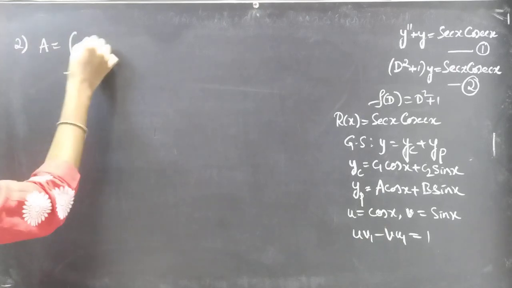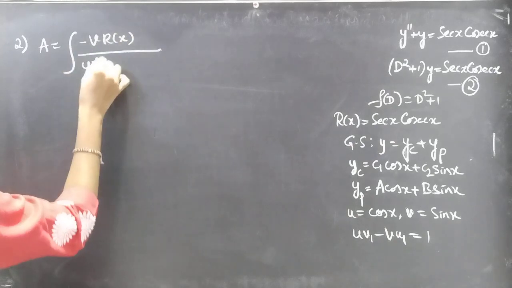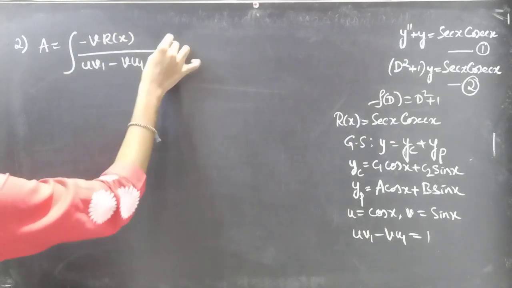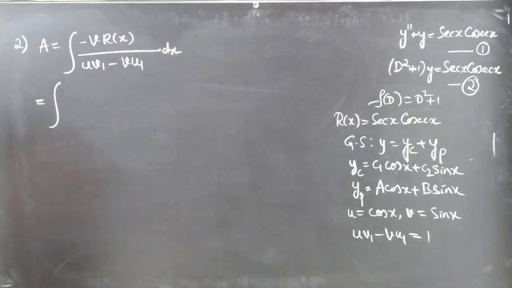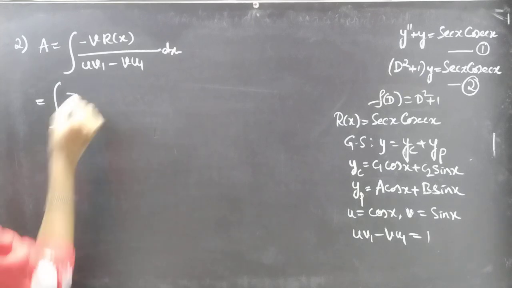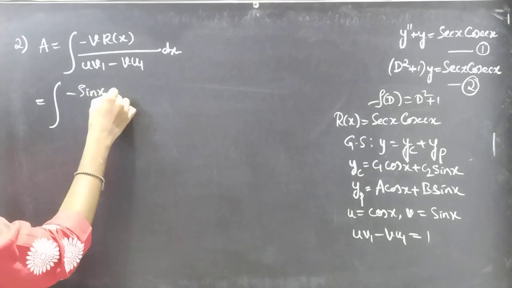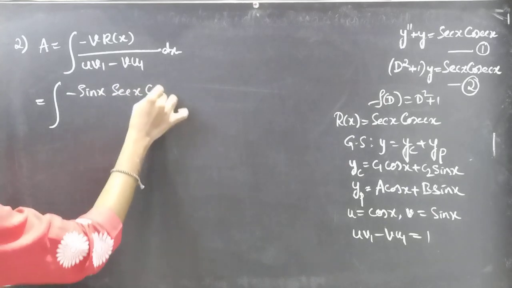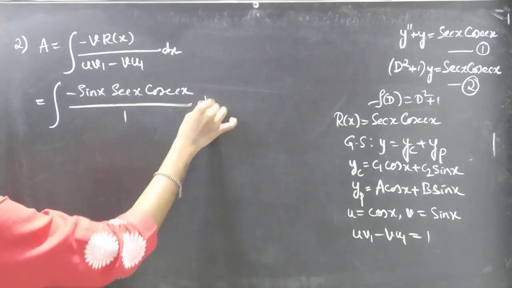A is given by the integral of minus v into r of x by uv1 minus v1 into dx, right? Just substitute the values. We get minus v, which is sin x, into r of x, which is secant x cosecant x, by uv1 minus v1, which is 1, into dx.